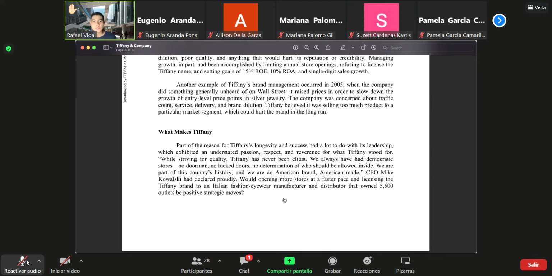So this strategic move is a positive one, because that way in foreign countries outside the US, more people are going to be aware of Tiffany's worth in terms of reputation.